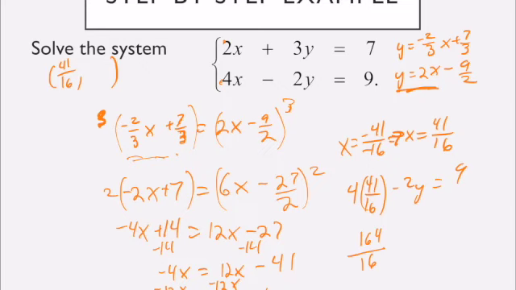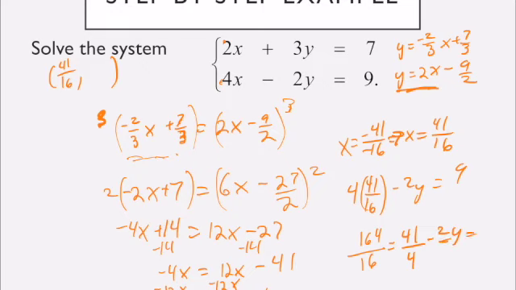Thank goodness. 164 divided by 16, divided by 4. So that gives me 41 over 4 minus 2y equals 9.